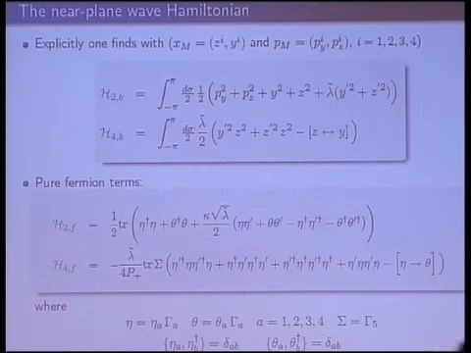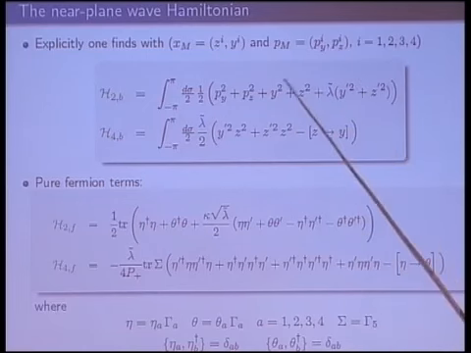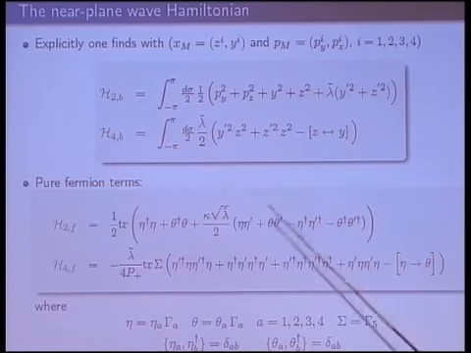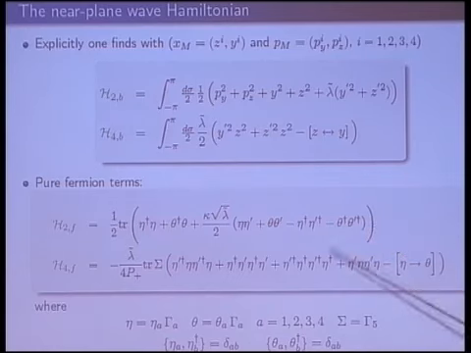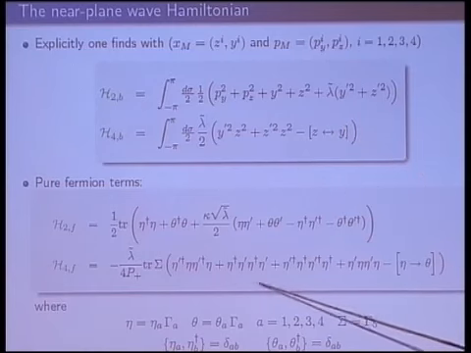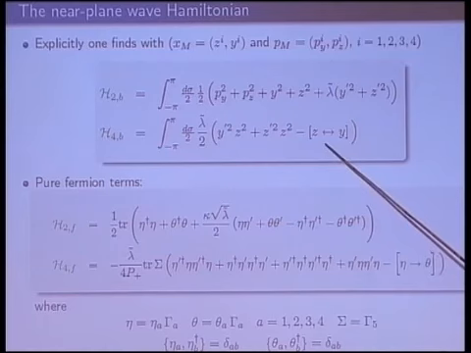So explicitly, I've spelled it out here. So this is the bosonic piece. It's like you have these mass terms here, and this is the fermionic piece, quadratic. And then the quartic terms are actually not that bad. In the pure bosonic sector, this is what you find, and in the pure fermionic sector, this is what you find. So there is an anti-symmetry with respect to exchanging the transverse AdS5 and S5 degrees of freedom here.